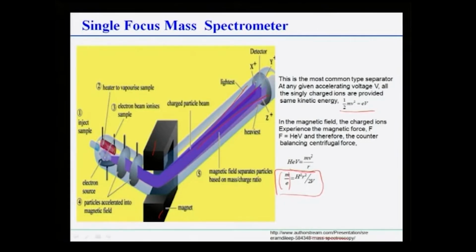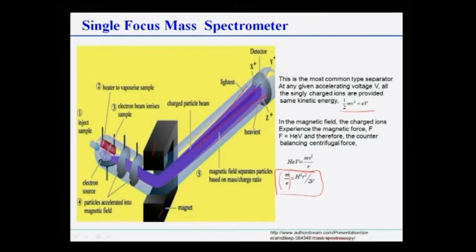It is very simple actually. First you charge, then accelerate, and then the accelerated charges are passed through the magnetic field and it separates out. We are focusing with a single magnet, that is why it is called a single focus mass spectrometer.